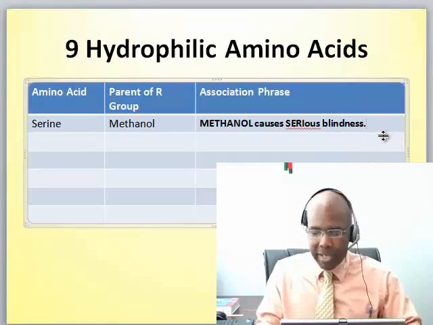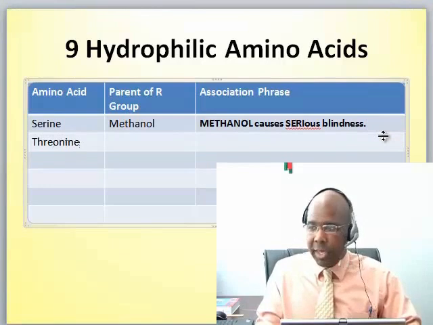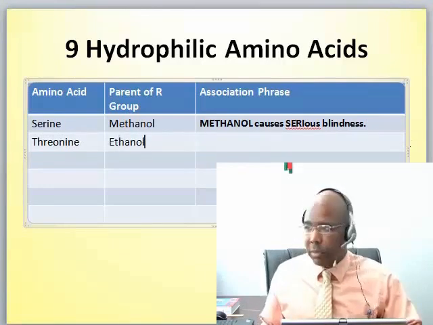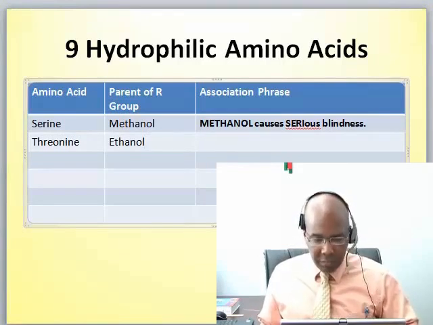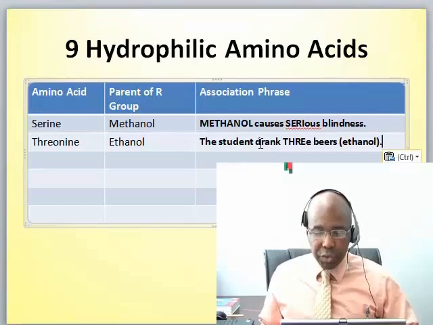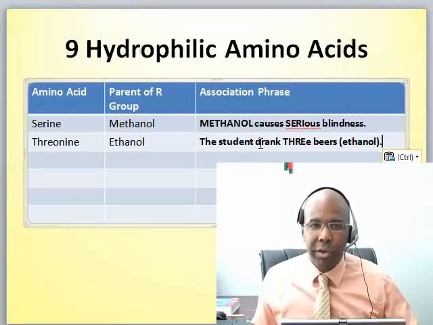Our next amino acid was threonine, and the parent of the R group was ethanol. And our association phrase: the student drank 3 beers, and you have to remember that beer is made of ethanol. The alcohol in beer is ethanol.